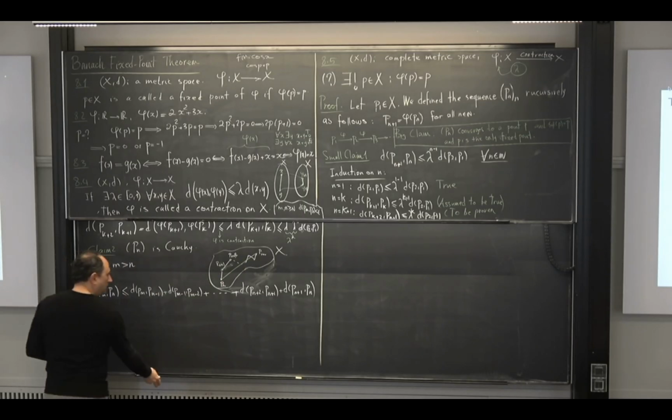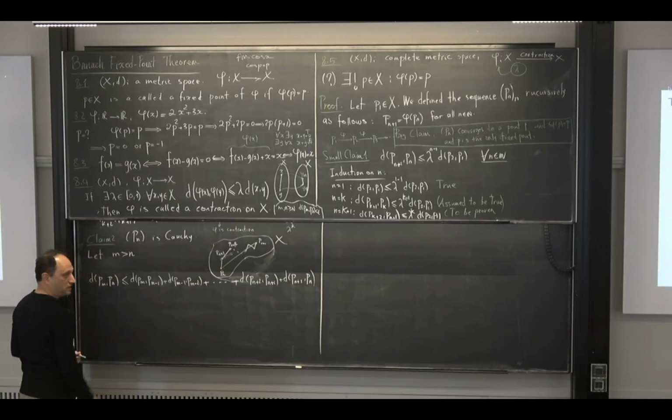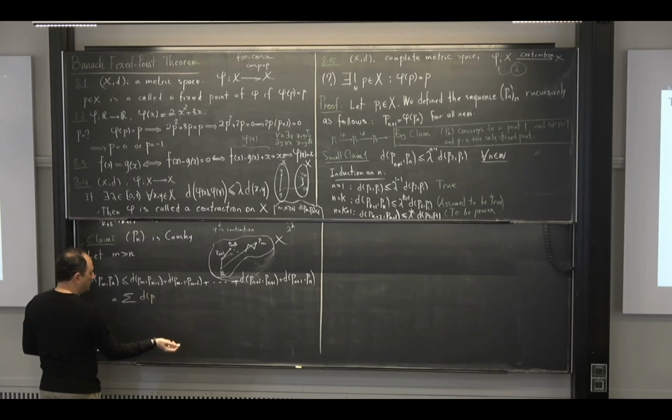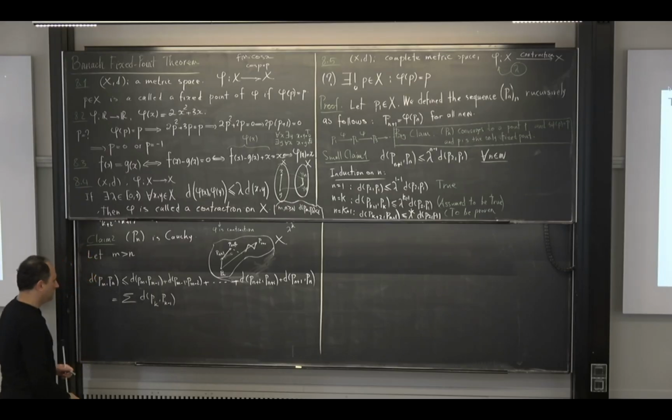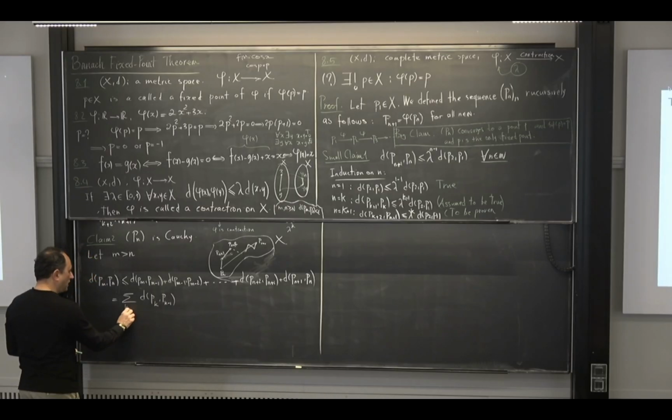But now, let me write this as a sigma. It is easier. So this sum is equal to a sigma of d(pk, pk minus 1). I choose an index k, and the next index is k minus 1. But then what should I run? I run k from where to where?